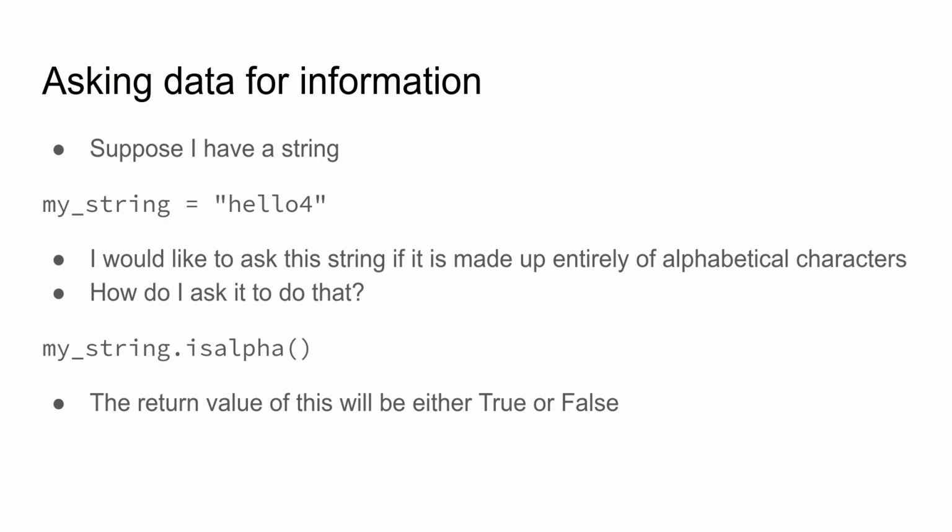And so again, this is calling a function, but it's calling it in reference to or from some object, some data that currently is called myString. That's just the variable name, but essentially what we're saying is whatever myString means, like the string hello4, ask that string, are you made of alphabetical characters? And in this case, when we get a result from that, it will be either true or false.